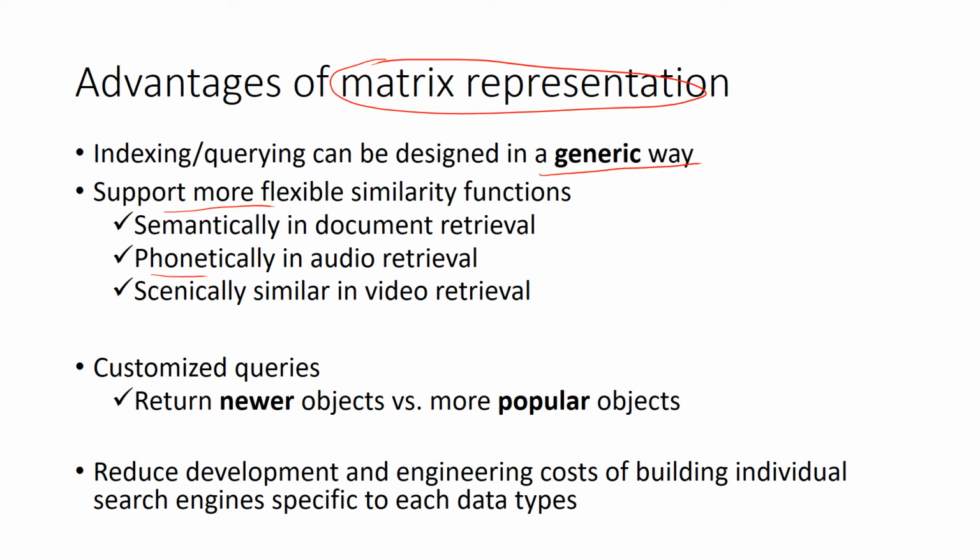For example, some users may prefer newer objects, while other users may prefer popular objects. And then users can specify the weights of the popularity and the timestamps, and then the system can provide results to each individual user.